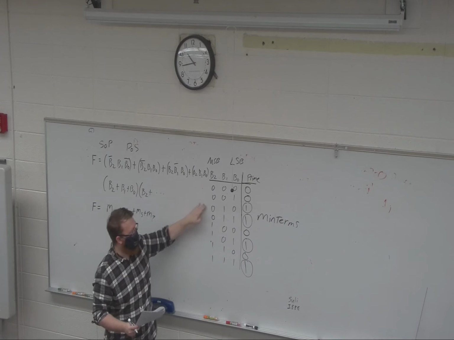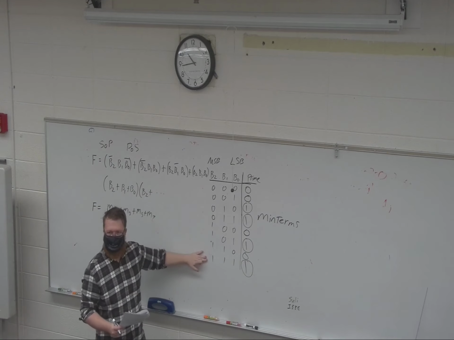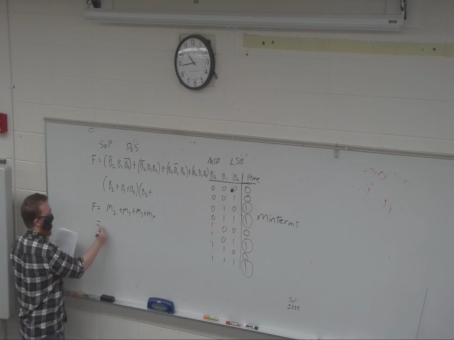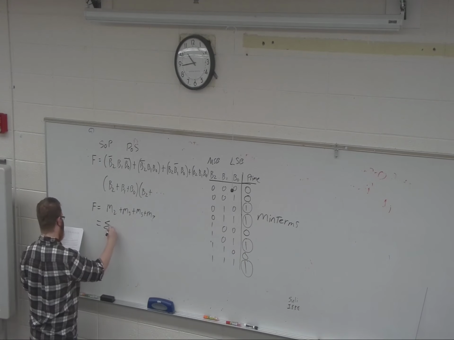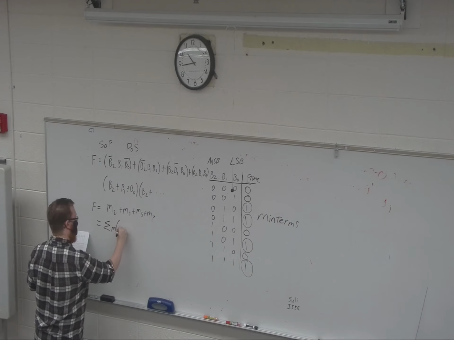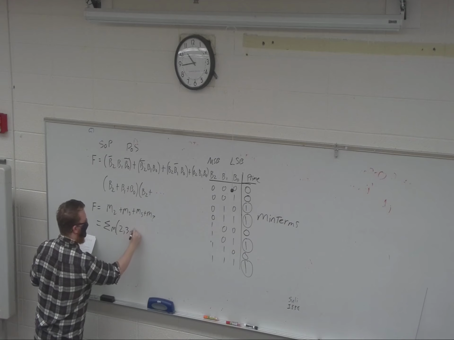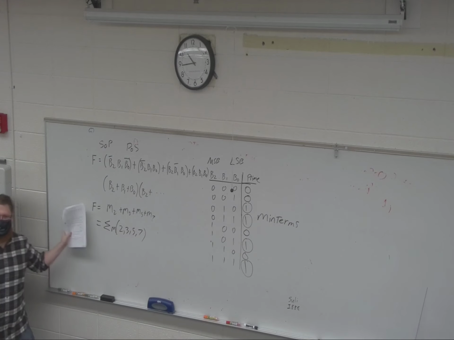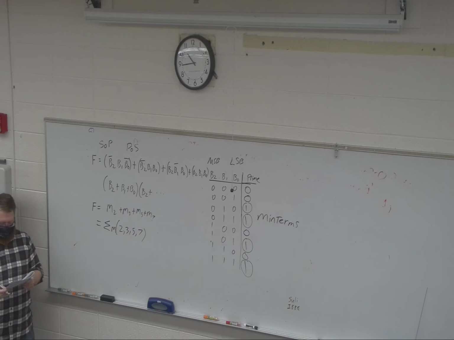So it's 0, 1, 2, 3, 5, 7, right? You can also write that as the sum of minterms 2, 3, 5, 7. These are all valid notations.